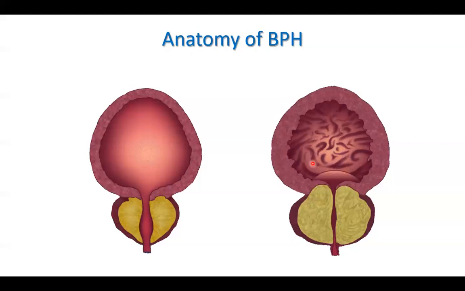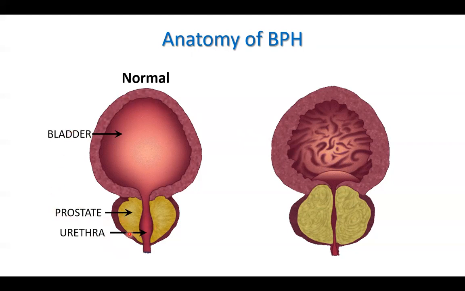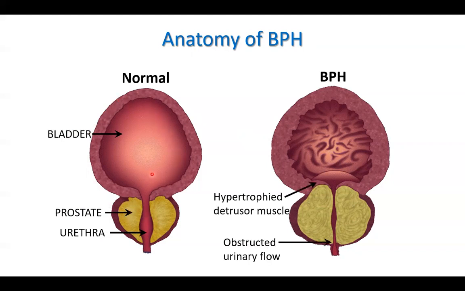As you can see on your left-hand side, we have the normal structure of the prostate gland, which is surrounding the initial part of the male urethra, and the normal-looking urinary bladder. While on your right-hand side, what has happened? The prostate gland has enlarged. That happens with aging. Because of that enlargement, it's compressing the urethra, which is producing obstruction to the flow.